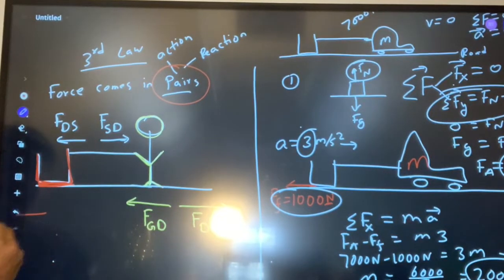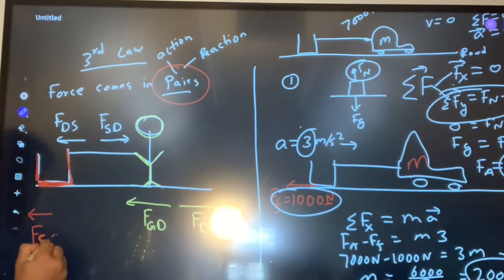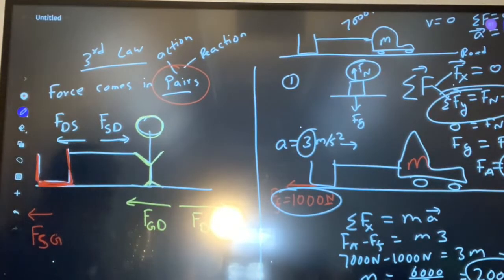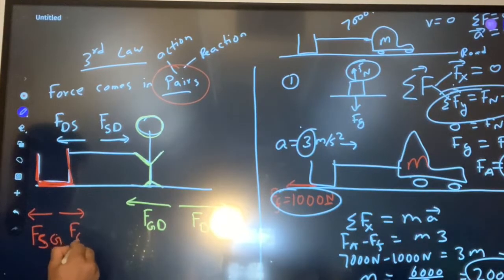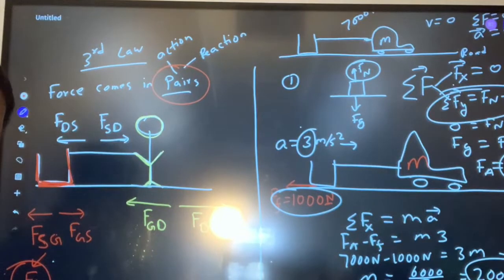This is friction force on the sled by the ground, and force on the ground by the sled. This is known as force of friction. Force on the sled by the ground, that's force of friction.